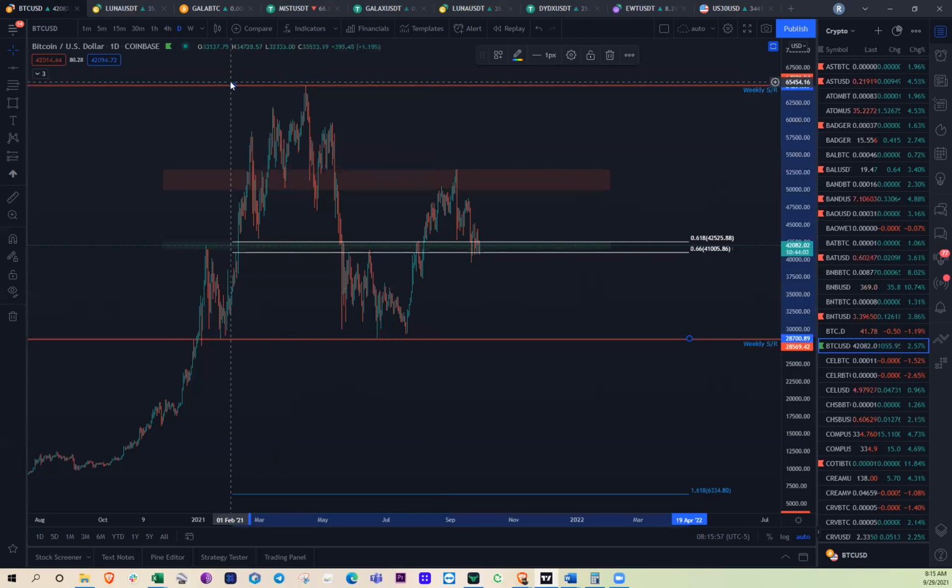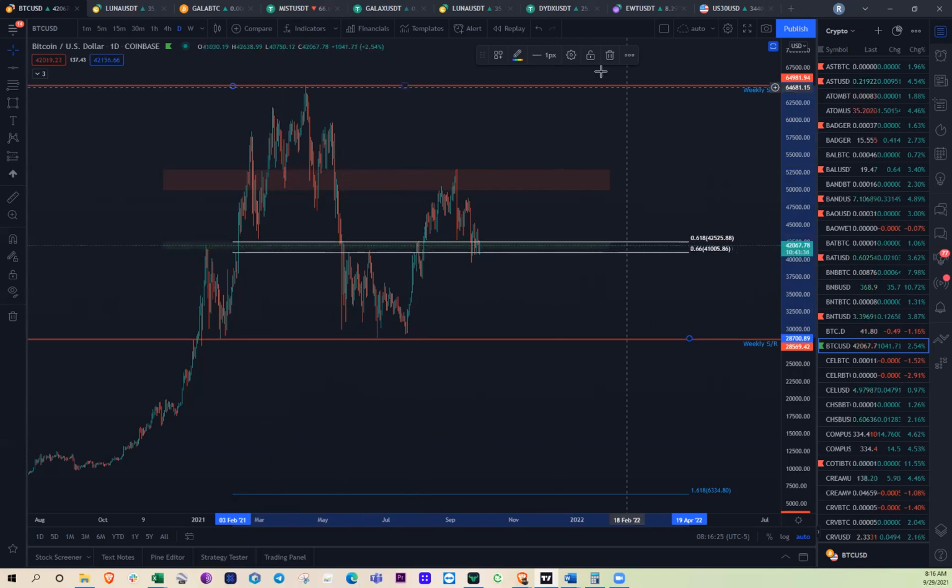So just to give you a quick recap on that, when I take it from the top all the way down to my low, I'm looking at an area where, from this sell, price is going to come back and try to retest.